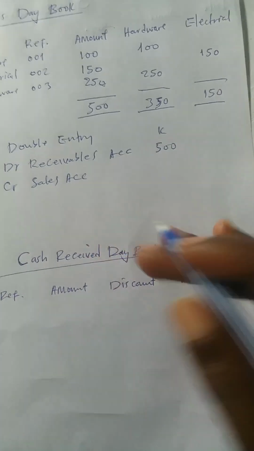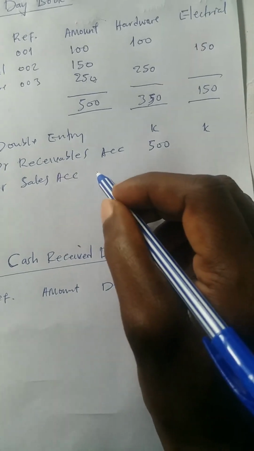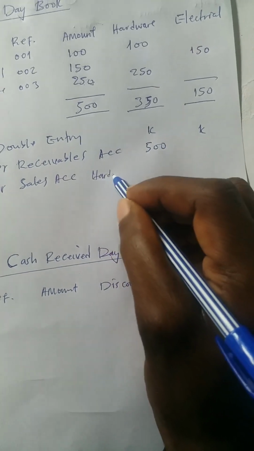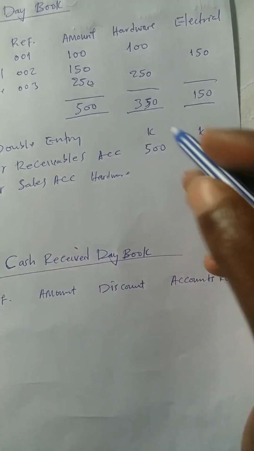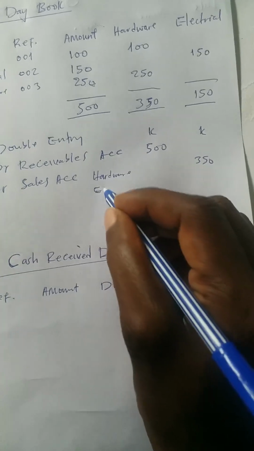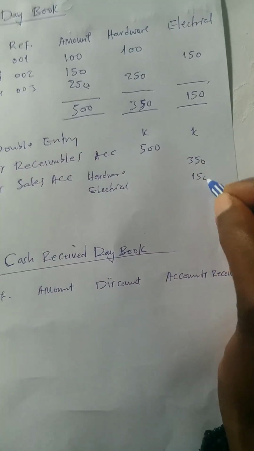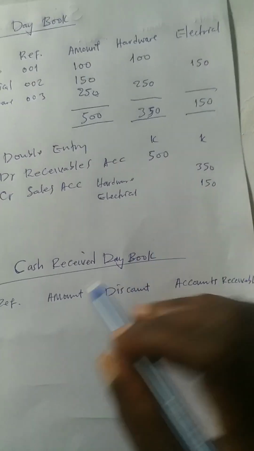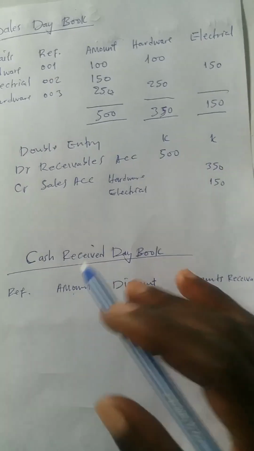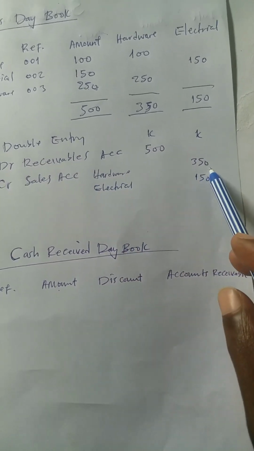If we want to enter them separately in the sales account, we can say hardware will have 350, and then electrical, we are going to have 150. If you like that, okay, either these you can record them as one and just say 500 kwacha on the credit, no problem.